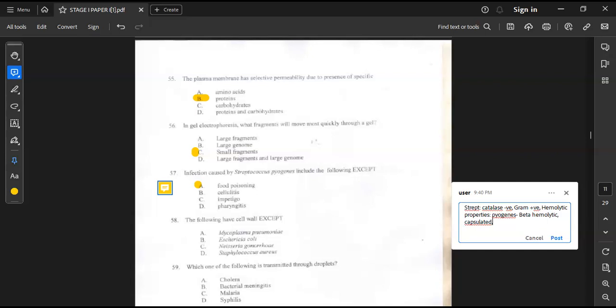And they're facultative anaerobes. Then the other thing is that it also causes necrotizing fasciitis, the flesh-eating bacteria. Is that staph? No, strep. This is strep pyogenes. It causes necrotizing fasciitis.